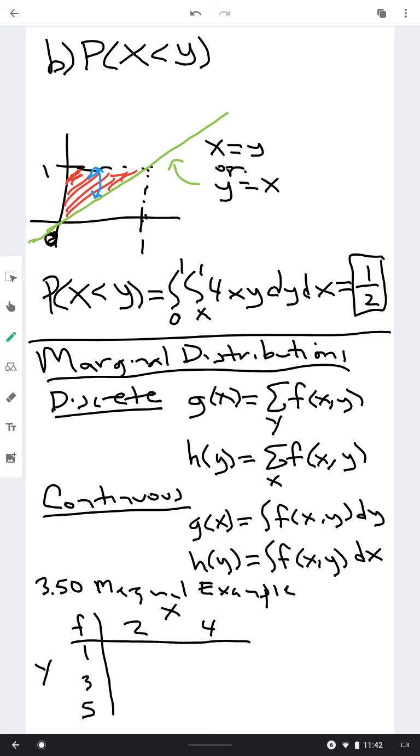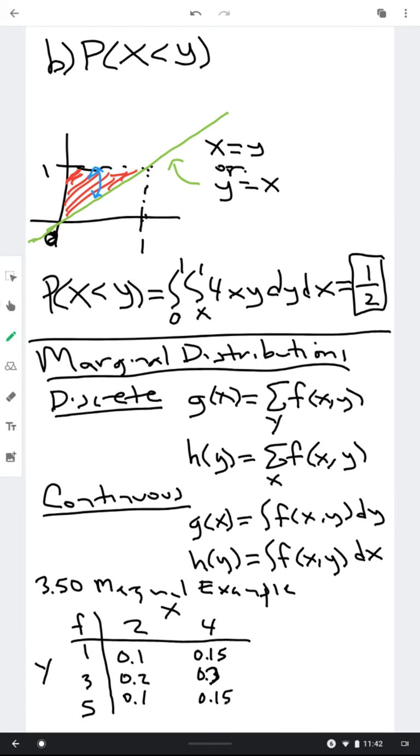Okay, and we have probability 0.1, 0.15, we have 0.2, we have 0.30, we have 0.1, and we have 0.15.